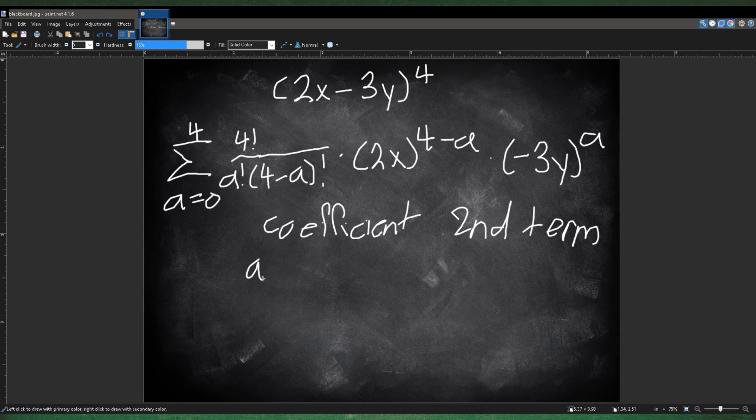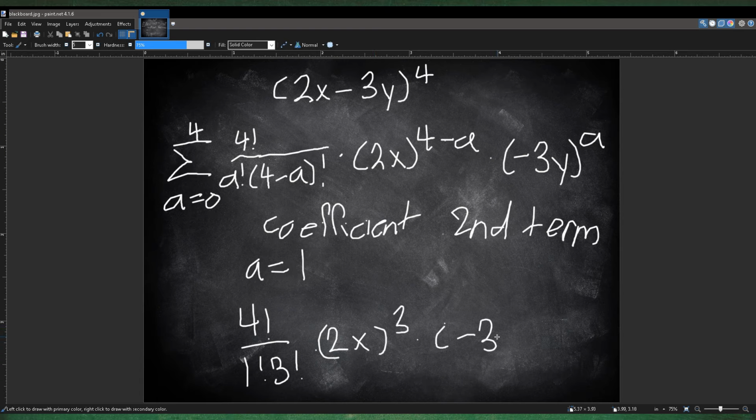plug in where a is equal to 1, you have 4 factorial over 1 factorial over 3 factorial times 2x to the power of 3 times negative 3y to the power of 1. So 4 factorial over 1 factorial over 3 factorial is just 4. And 2x to the power of 3 is 8x cubed.